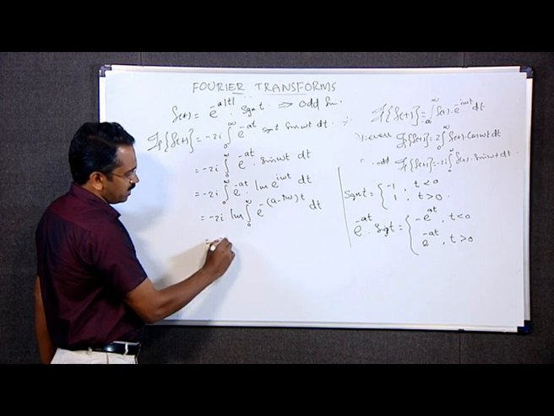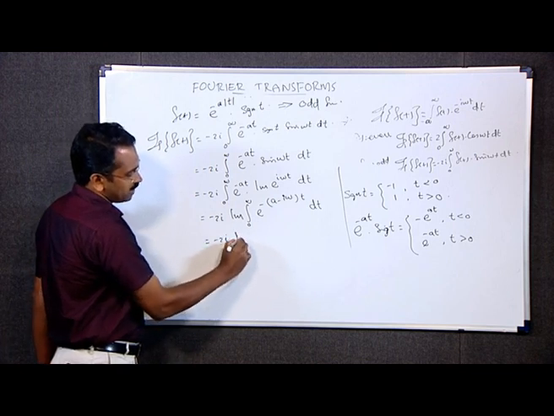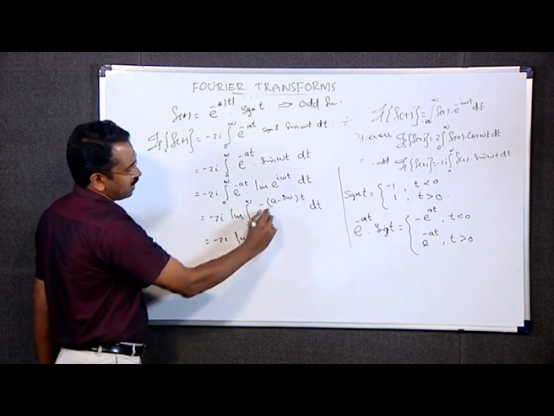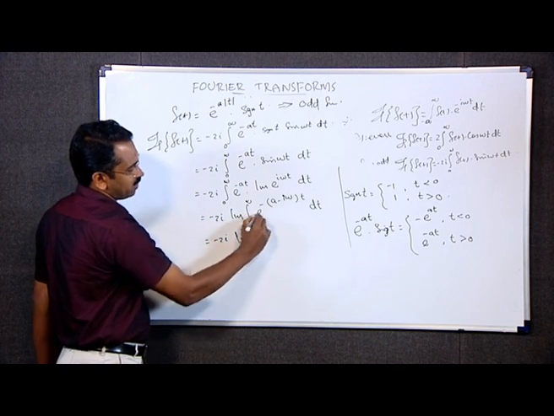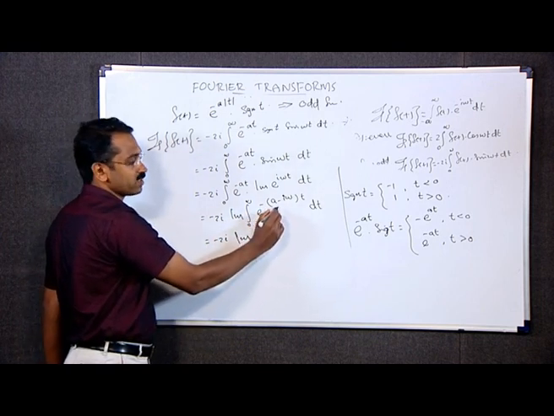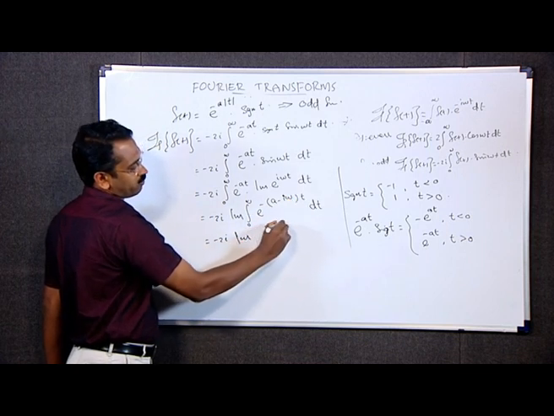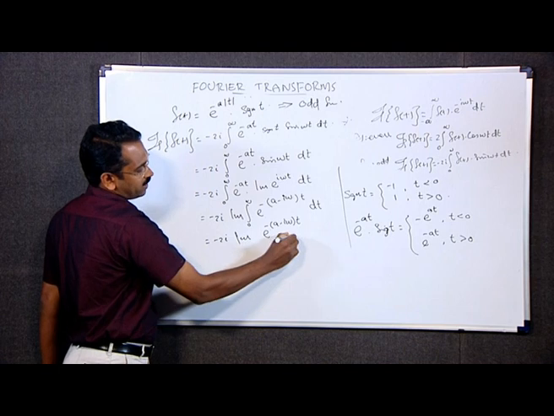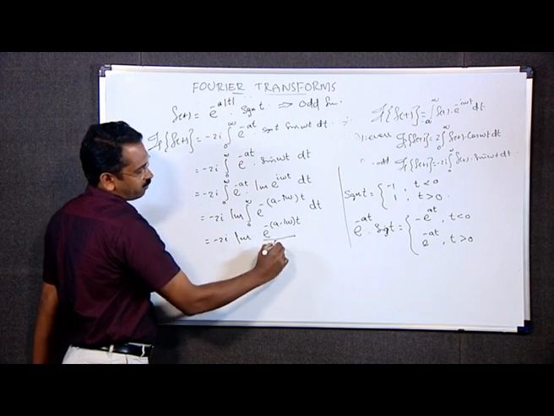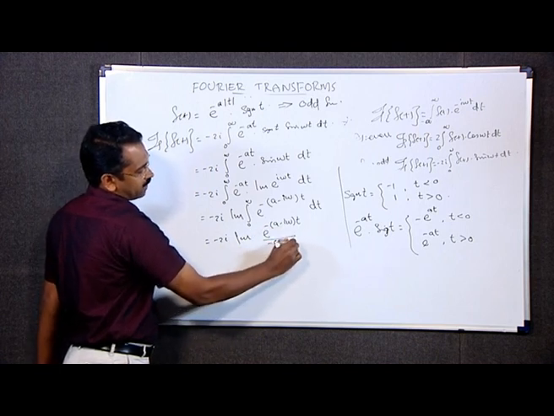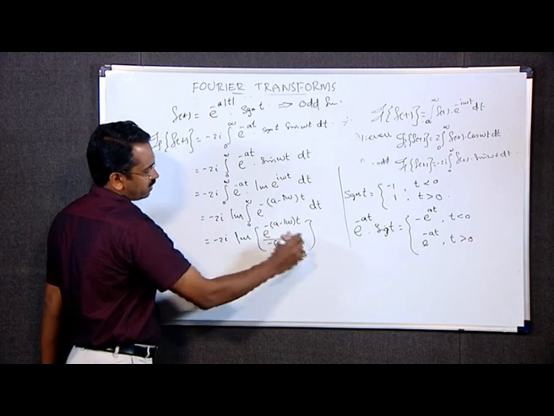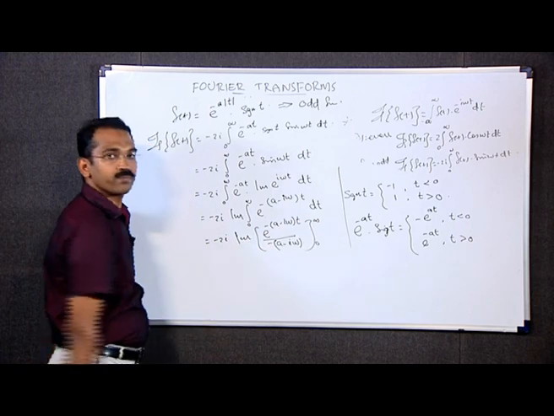That is minus 2i into imaginary part of, on integration, the integral from 0 to infinity of e raised to minus of a minus i omega t dt is e raised to minus of a minus i omega t divided by minus of a minus i omega, between the limits 0 and infinity.